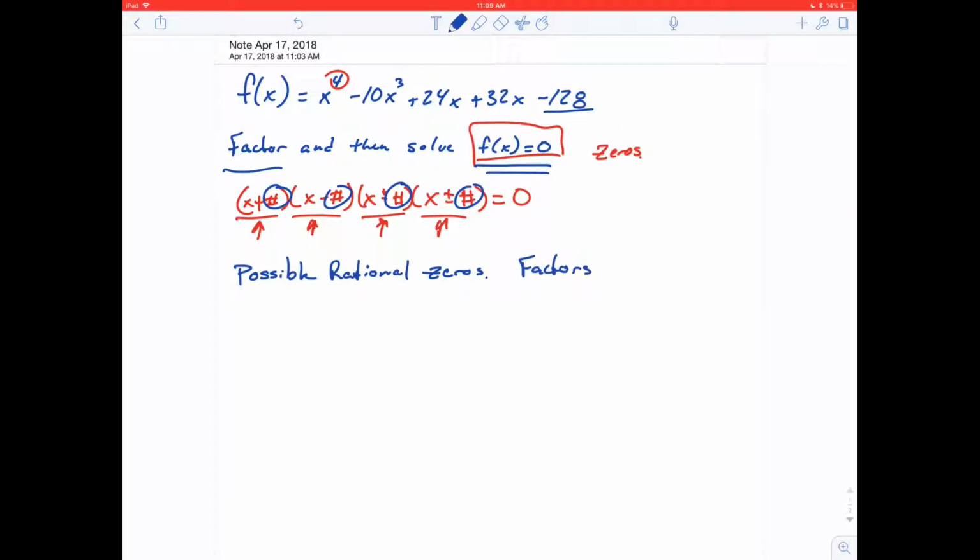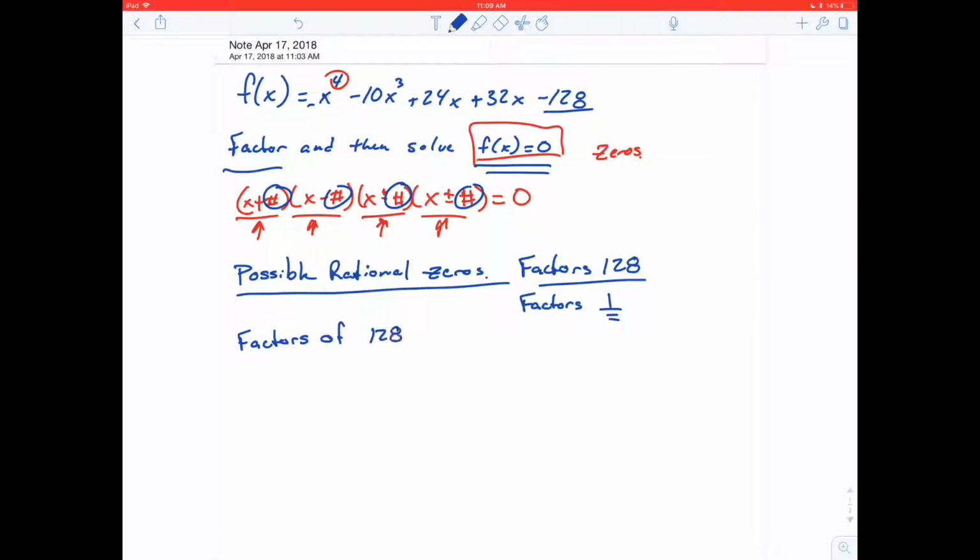So we're going to take the factors of 128, and don't worry about the negative. We're going to say plus minus at the end anyways. And then you divide that by all the factors of the front number, the front coefficient. In this case, it's 1. So anything divided by 1 is itself. So essentially, this list of possible rational zeros is going to be the factors of 128, since we're dividing by 1 anyways.